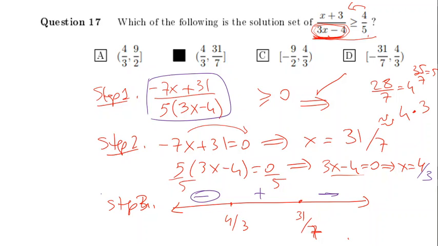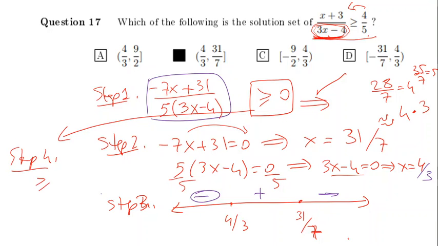Now, what is wanted? The last thing we have to do is step 4. So positive interval is wanted. So it will be this. Now the roots wanted.